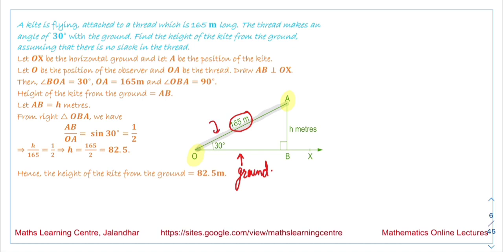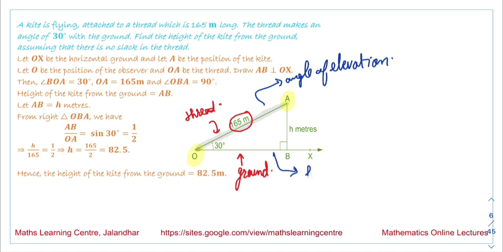This is the angle of sight, or in this question, this is the thread, so this is just like the angle of elevation. And this is the horizontal line.